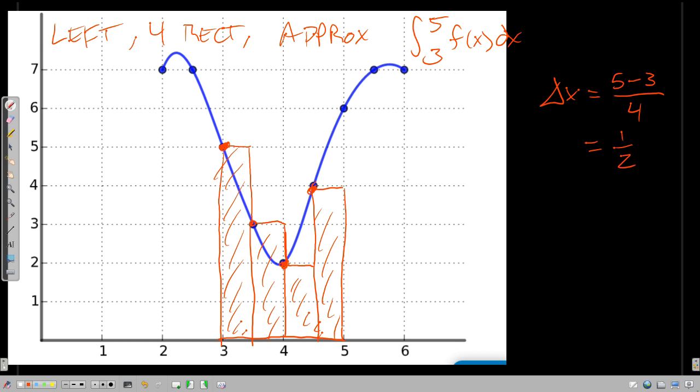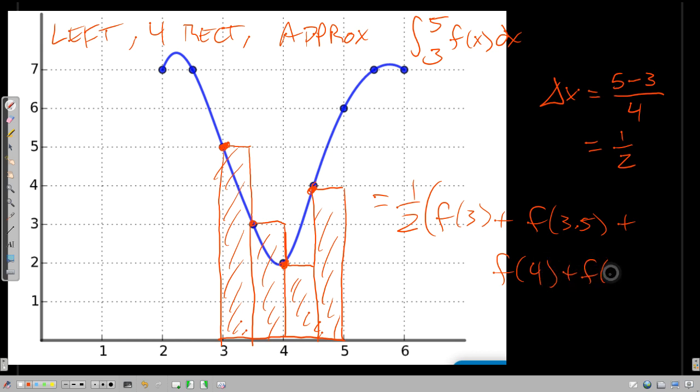So that area is equal to 1/2 times f of 3 plus f of 3.5 plus f of 4 plus f of 4.5. We didn't get to f of 5. You'll never get to f of 5 on a left Riemann sum because you only have 4 rectangles.